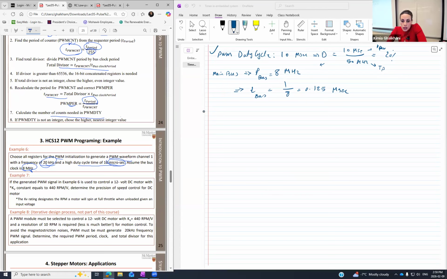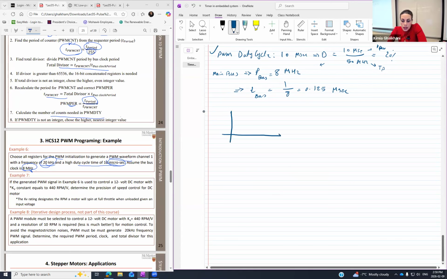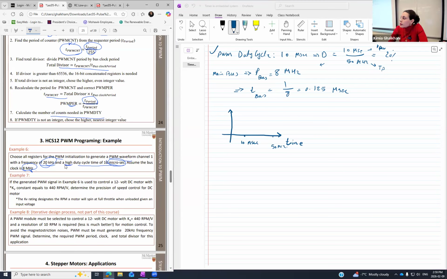Now, let me derive first exactly what I wrote in there. Suppose this is going to be my 10 microsecond. Kids, this is microsecond. Do not confuse the units. And then I had it 50. The 10 is supposed to be the on time, the high time from the problem, I'm going to highlight it.